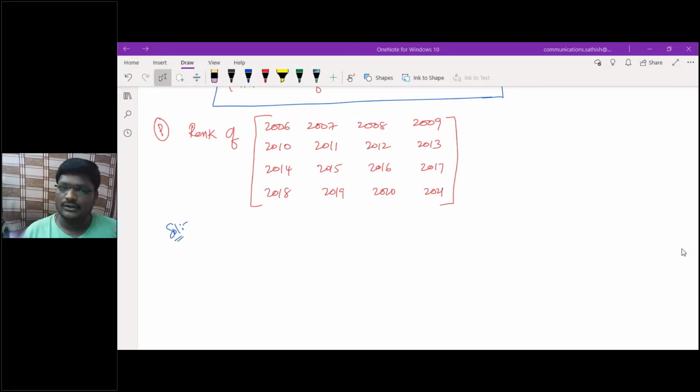Similarly, row 3 with row 1, 14 minus 6, 8. 15 minus 7, 8. Then last row, 18 minus 6, 12. Suppose I do R2 as R2 minus R1, R3 as R3 minus R1, and R4 as R4 minus R1.